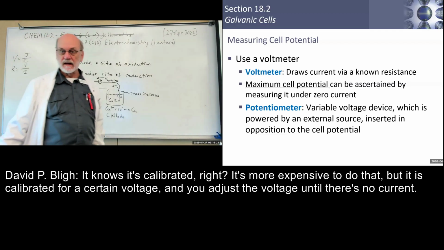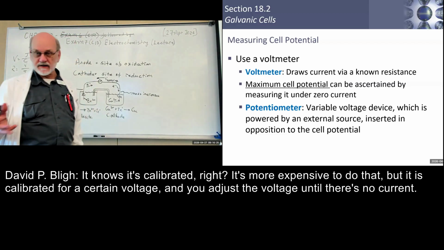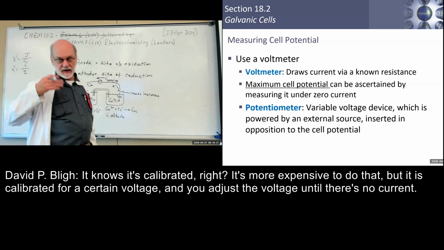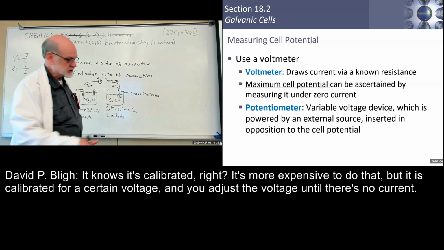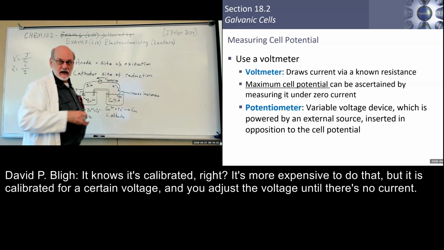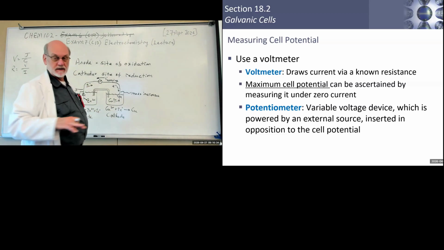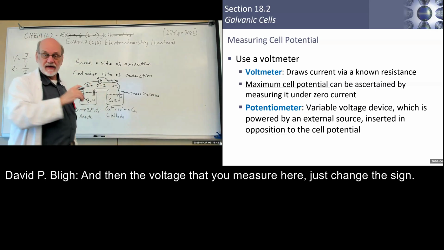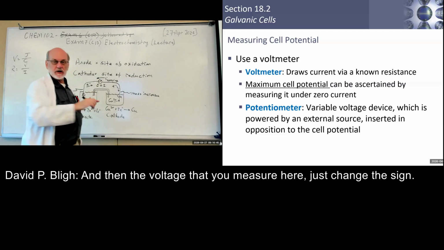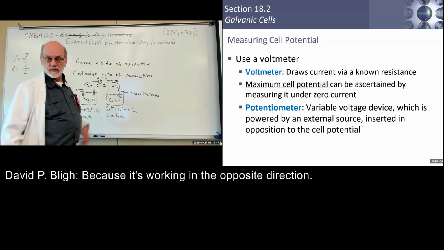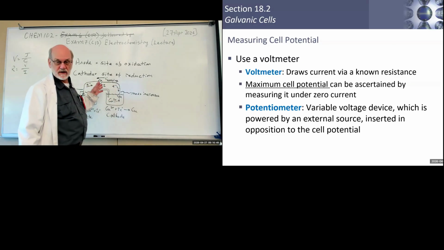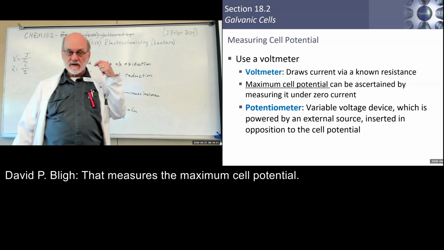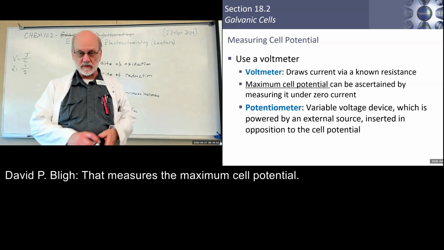It's more expensive to do that, but it is calibrated for a certain voltage, and you adjust the voltage until there's no current. So you measure this voltage at zero current, and then the voltage that you measure here, just change the sign because it's working in the opposite direction. That measures the maximum cell potential.